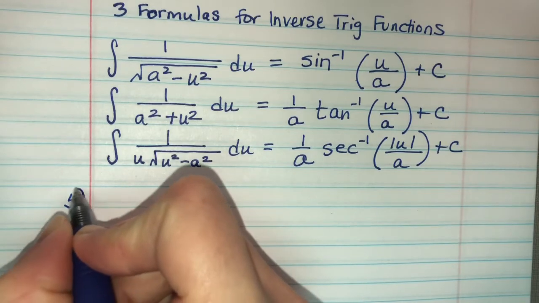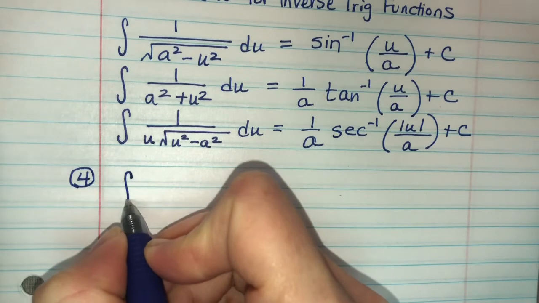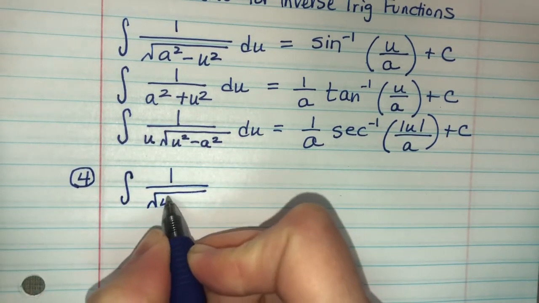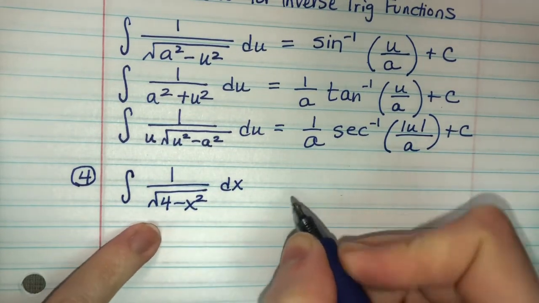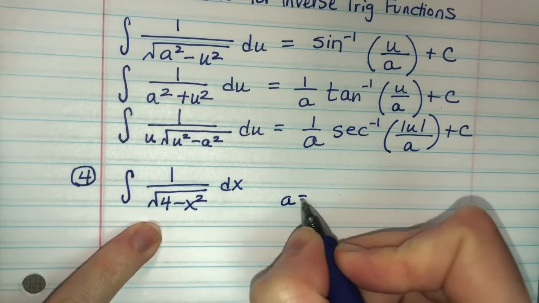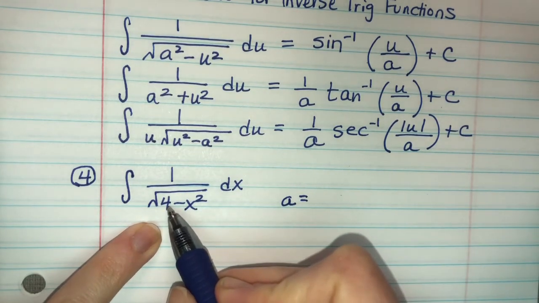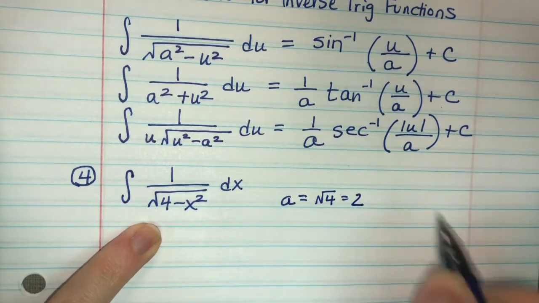So let's see how this plays out in a couple of problems as examples. The next one I'm going to go on to, number 4, looks like this. The integral of 1 over the square root of 4 minus x squared dx. So notice here the a value is going to be the square root of 4. And of course, the square root of 4 is equal to 2.